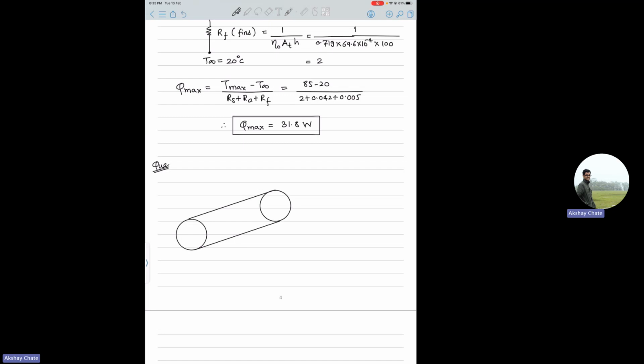And there are annular fins on this cylinder, and they are 8 in number. I'm not drawing them perfectly, but you get the idea, right?